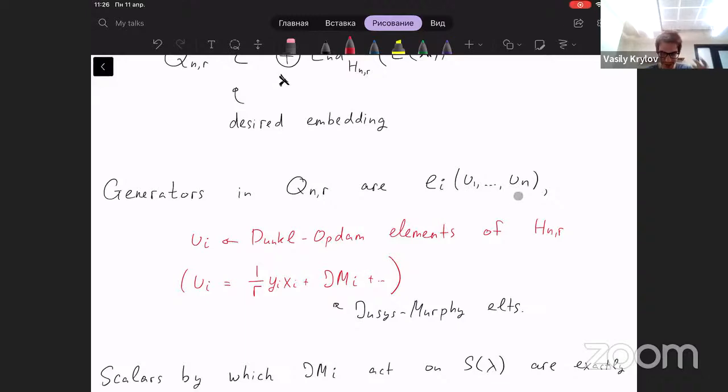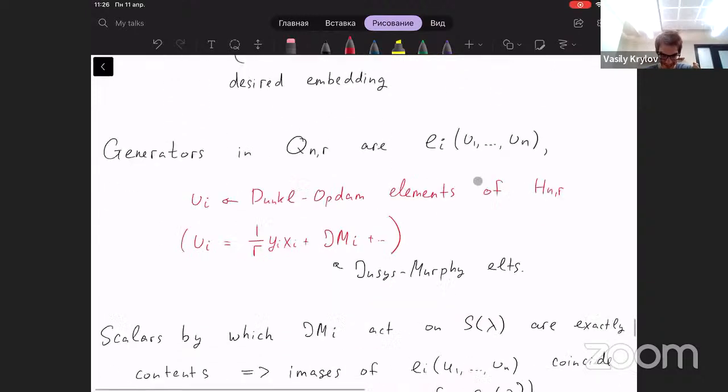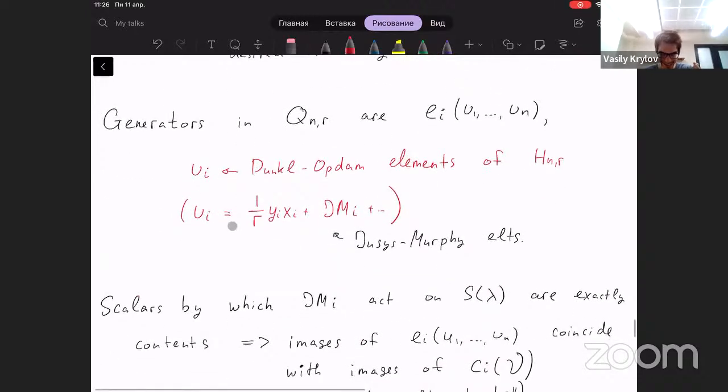Great. So we have generators, we have the embedding. It remains to compute the image of these generators. But the generators are more or less Jucys-Murphy elements, and we act by these Jucys-Murphy elements on the highest weight component of L of lambda, which is S of lambda. We do know that they act just by contents.